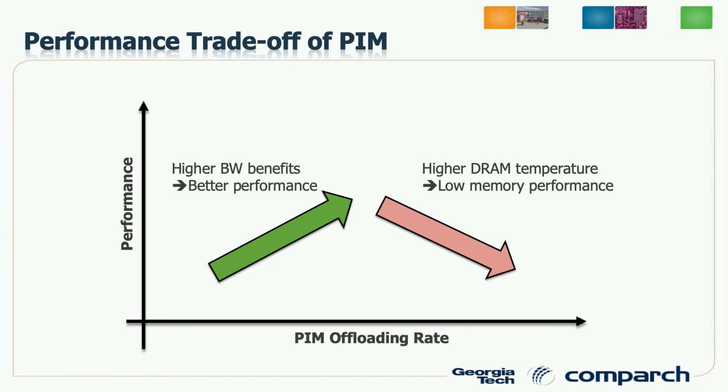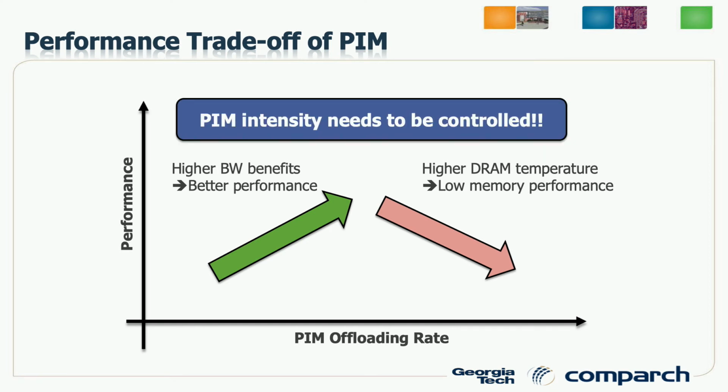If the temperature is low, then we can increase more compute into the PIM. But once it reaches a certain temperature, then we have to make the trade-off and cut down these offloadings to maintain the desired temperatures. So the conclusion from this model was that PIM intensity needs to be controlled.